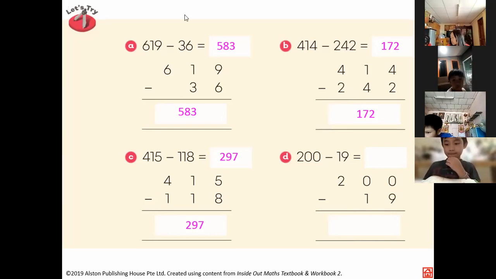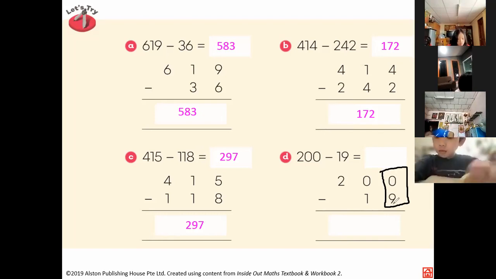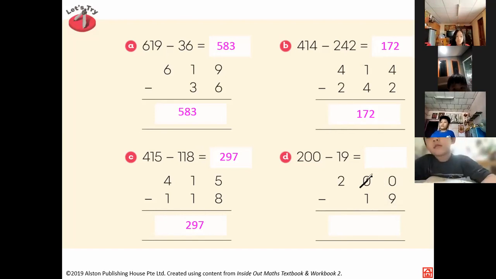Okay, for letter D, class. First we have 9 minus 0, cannot. Okay, so we will cancel 0 over here, and then 0 will become 9. And then 0 here will become 10. So now we can subtract 9 from 10.